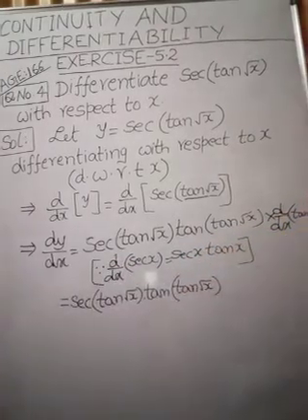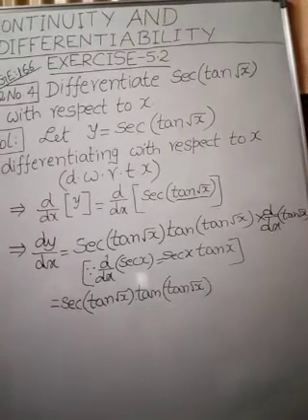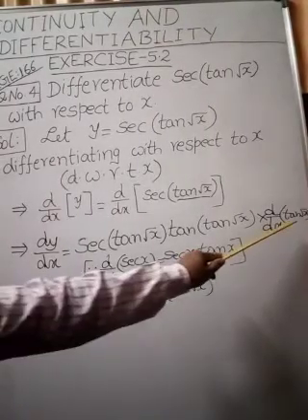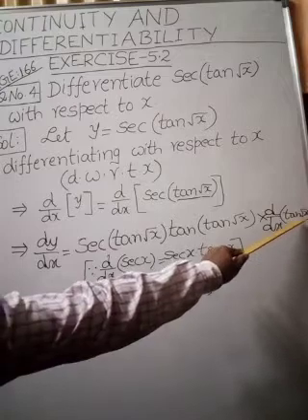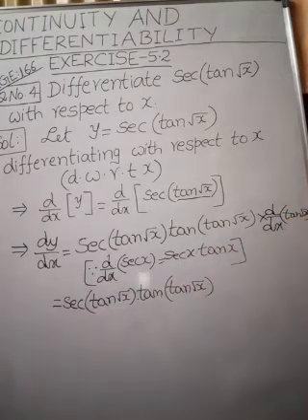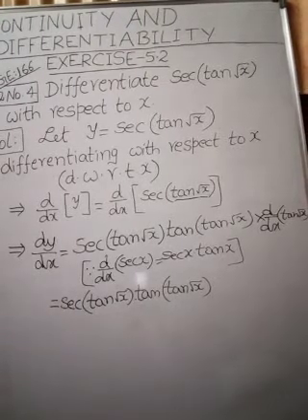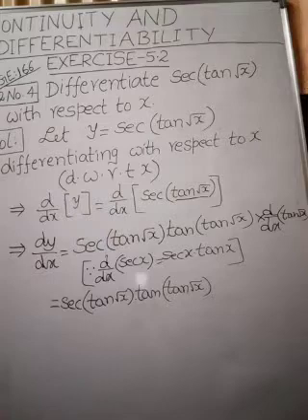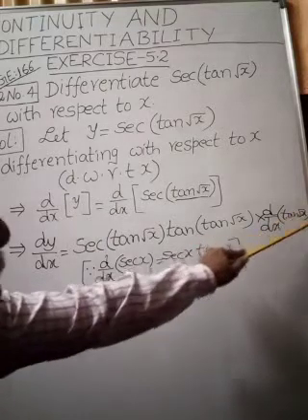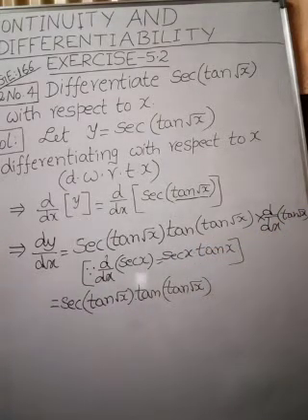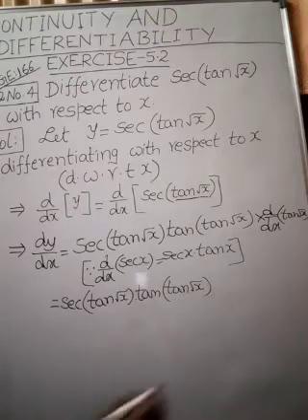Again, I told you, here tan x is in the form of d by dx of tan x. Consider this root x as x in your mind. Remember this point, my dear children, don't confuse. So d by dx of tan x, what is the formula? Secant square x.